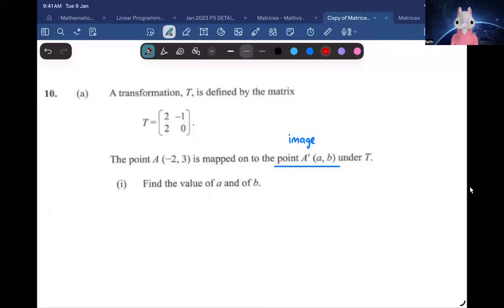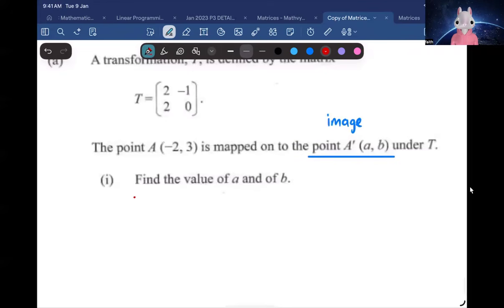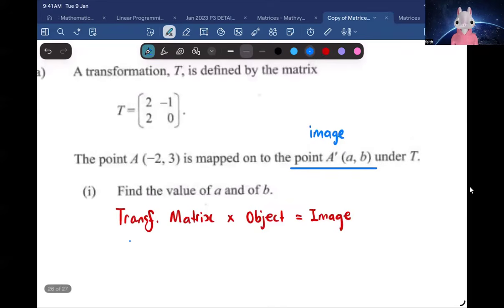Remember, the transformation matrix by the object is the image. So the transformation matrix here is 2, -1, 2, 0. And my object is the point they gave me, so the point is -2, 3. And I'm going to multiply that out to get the image.